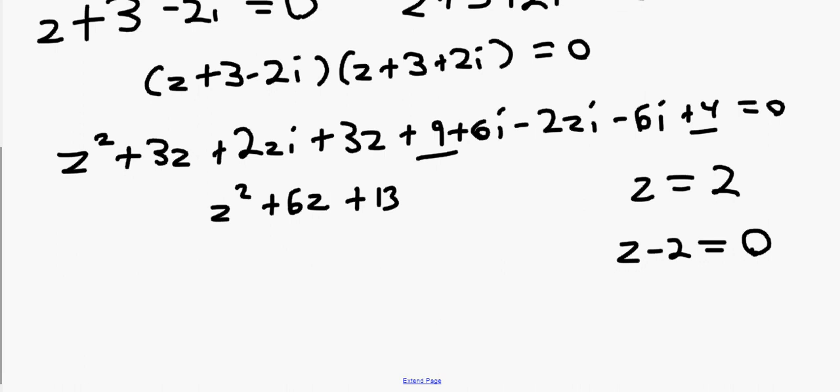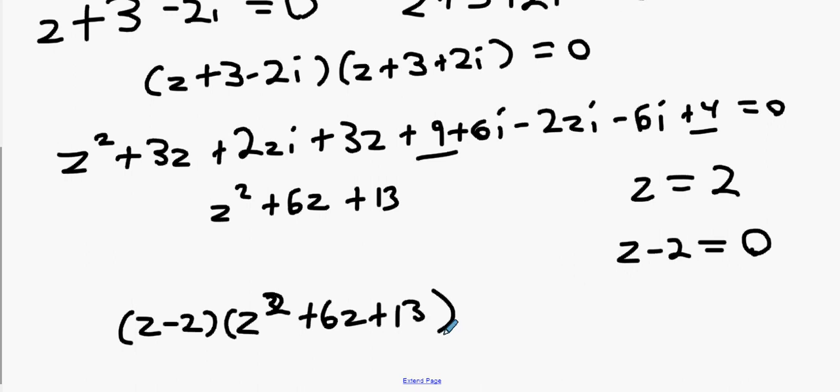Alright. So we're going to do z minus 2 multiplied by z squared plus 6z plus 13.